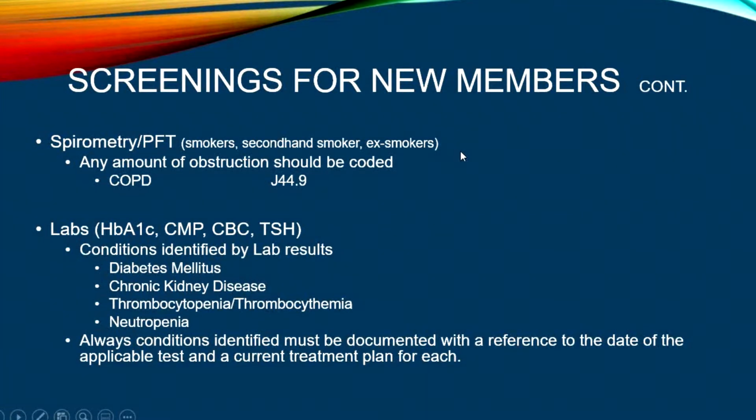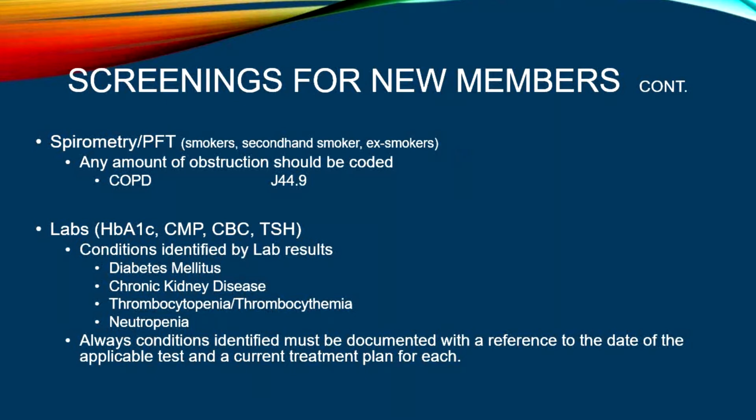Also, we ask our providers to order a spirometry or PFTs, especially for patients that are smokers, secondhand smoke exposure, or ex-smokers. We always ask that the providers order at least a baseline, and we're looking for any form of obstruction. We have a list of labs that we order.